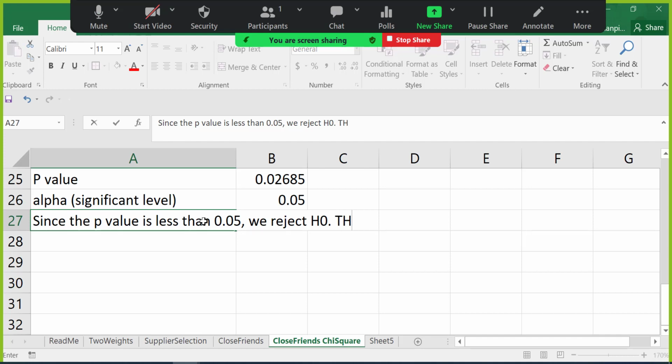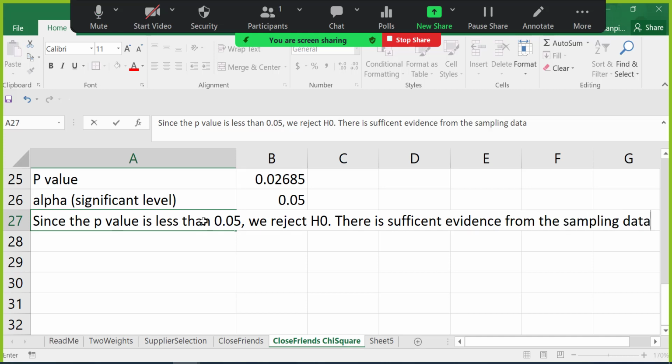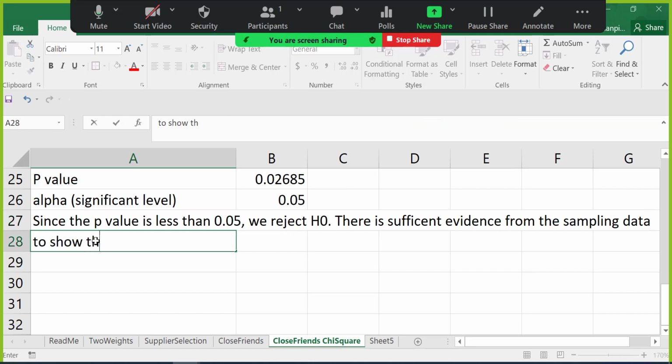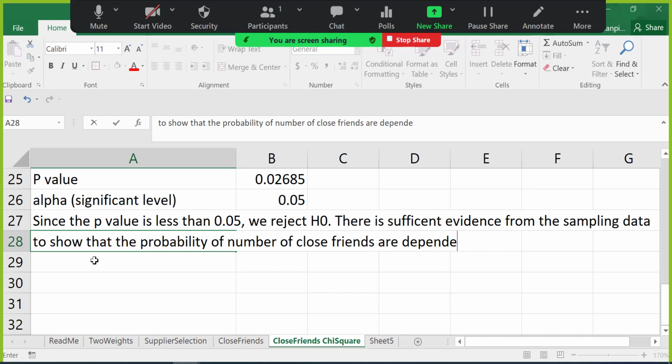That means there is sufficient evidence from the sampling data to show that the probability of the number of close friends is dependent on gender.